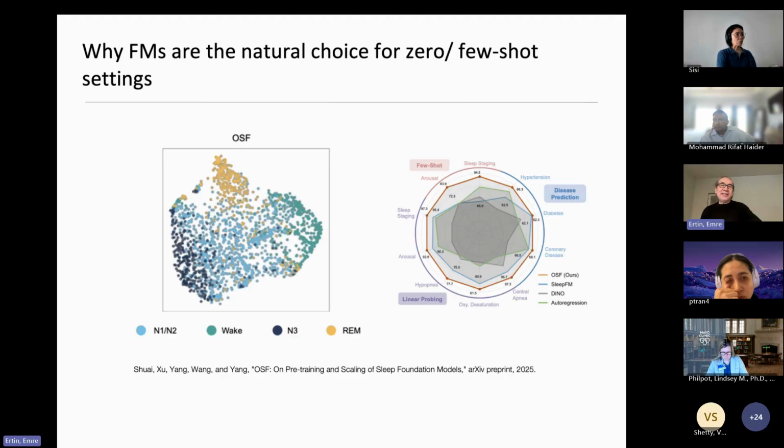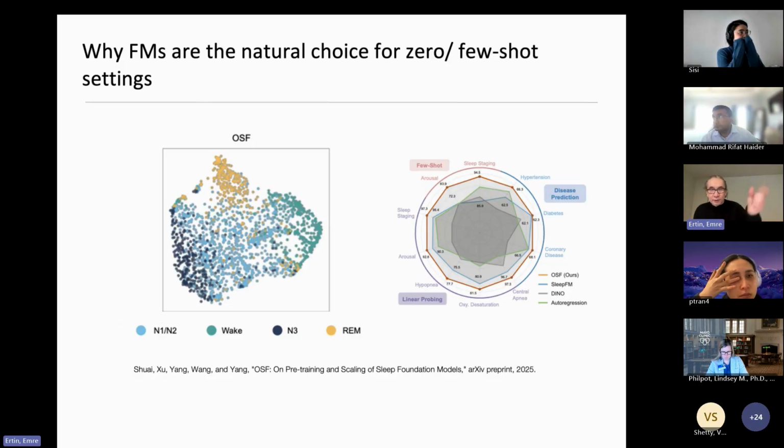And this is yet a projection of that representation space so that we could begin to see some clustering. We see that different sleep stages cluster in different places in the representation space, although we didn't say this. There was no mention of sleep stage. We just gave the data, and the network learned this underlying structure and shaped the representation space to reveal that.